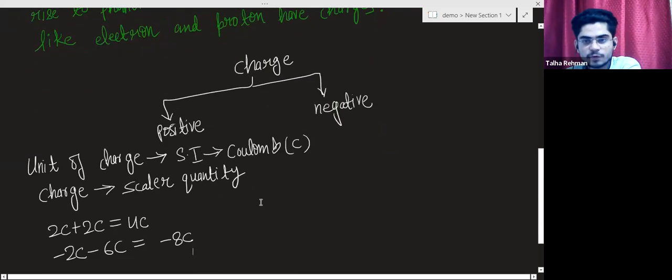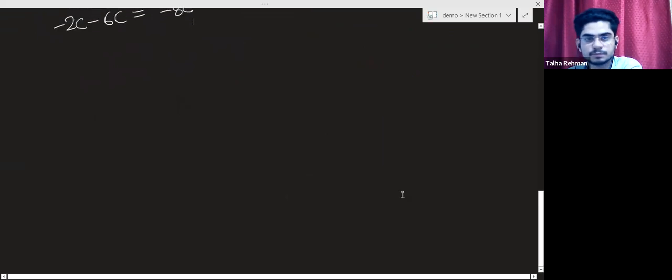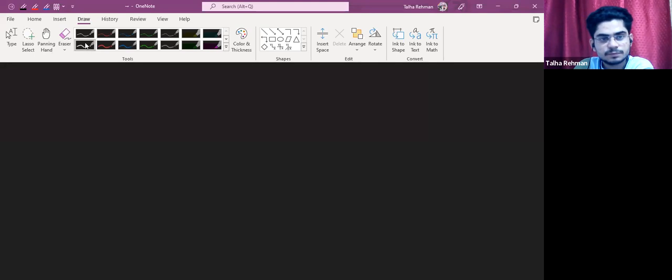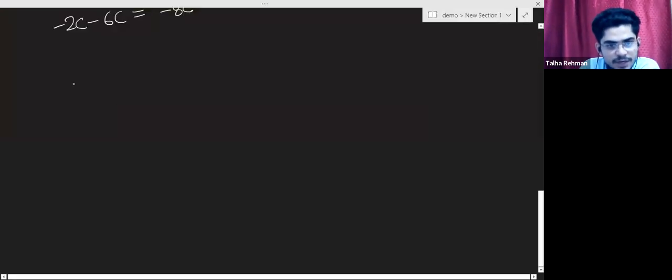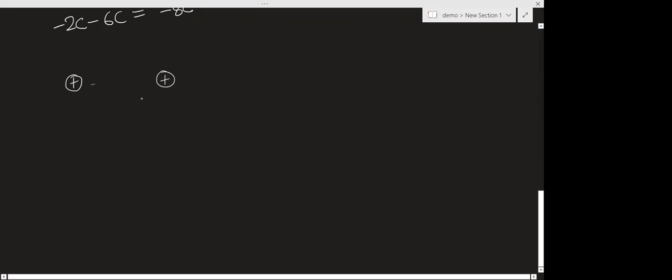And now from here a very interesting thing will happen. Suppose I have a positive charge, separated by some distance from another positive charge. Ajmi, can you tell me, will they repel with a force or attract with a force? They will repel.